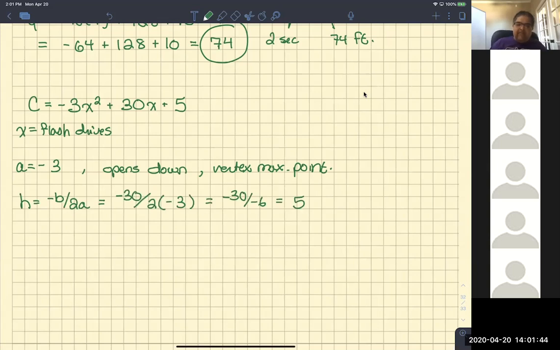That's the most I'm going to have to spend, okay? And to find what the maximum I'm going to spend, we plug it in.